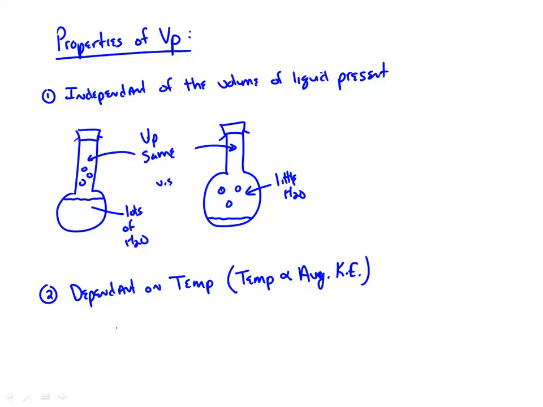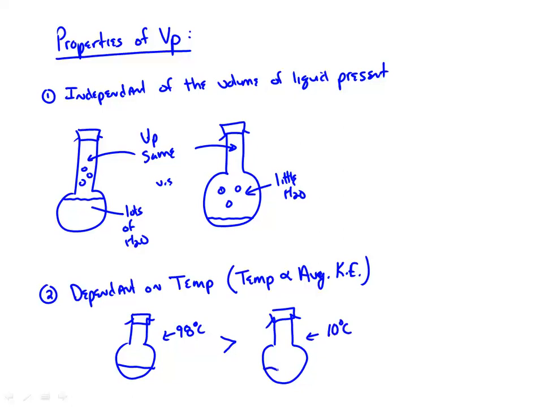And so if I have a beaker at 100 degrees Celsius, well, let's say not 100 because that's boiling, let's say 98 degrees Celsius, that's going to have a much higher vapor pressure than one at, say, 10 degrees Celsius. So here, I'm going to have maybe 1 or 2 particles in here. Here I'm going to have lots and lots of little particles in the gas phase. We'll take a look at that in a second when we put up another graphic.